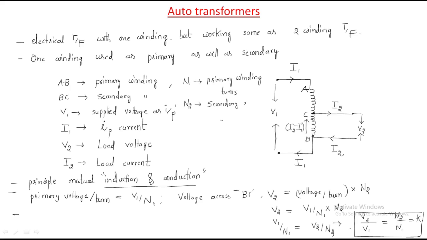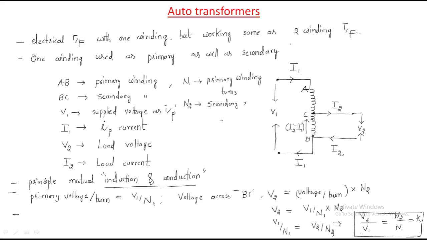So this is the ratio, simply V2 by V1, N2 by N1 equal to K, the transformation ratio. If you observe clearly, this ratio is the same as for the two winding transformer. Understand?